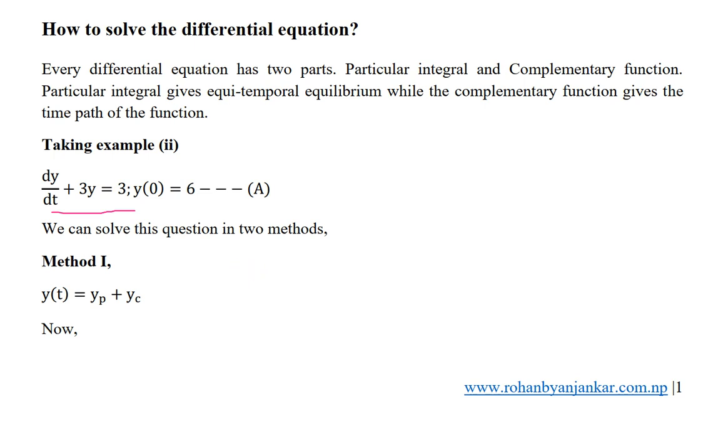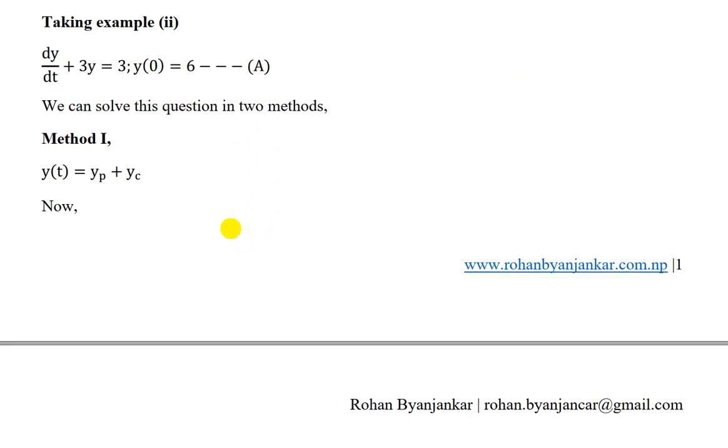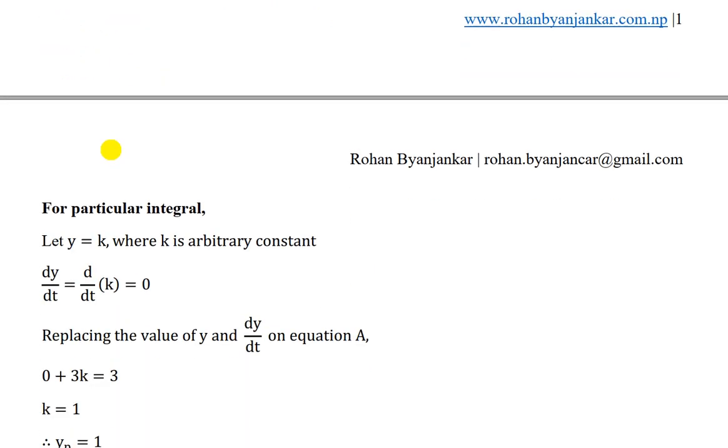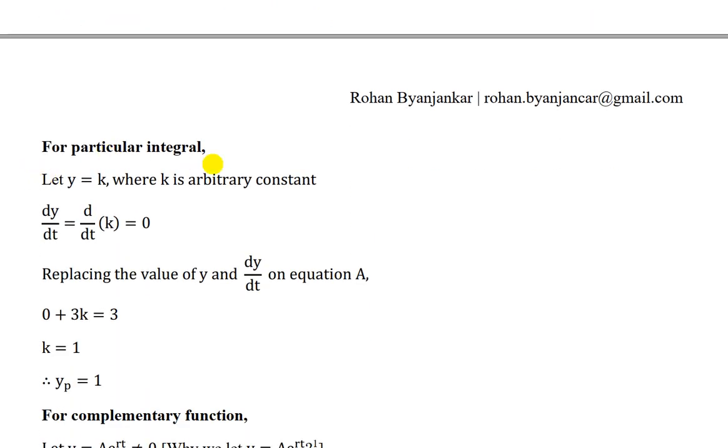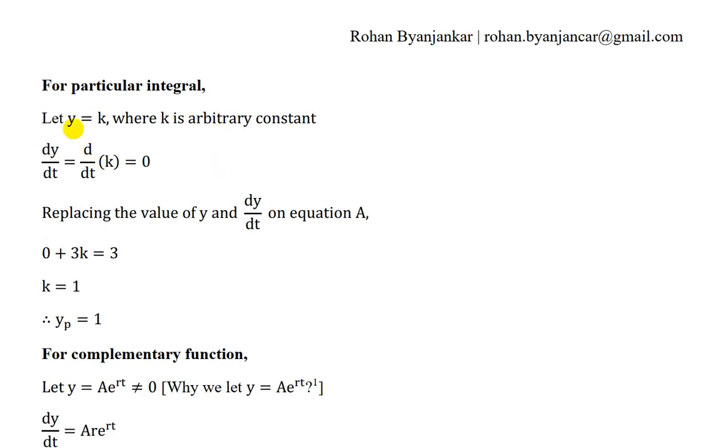Moving towards our solution, we will have method 1 and method 2. In method 1 we first find the particular integral, and we let y equals k, where k is our arbitrary constant. We differentiate y with respect to t. Since k is constant, the derivative of k is 0, dk by dt equals 0.